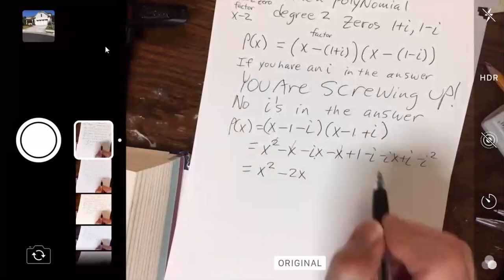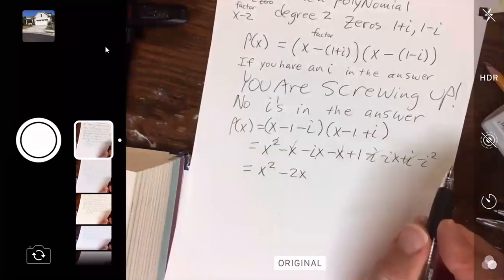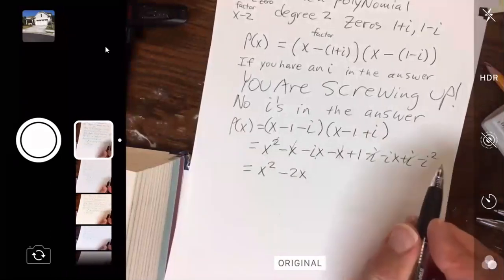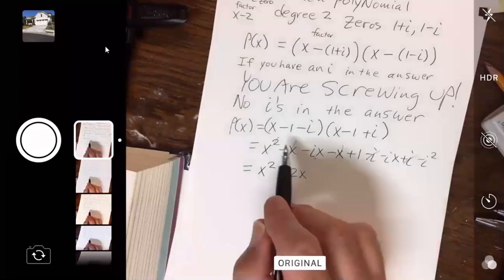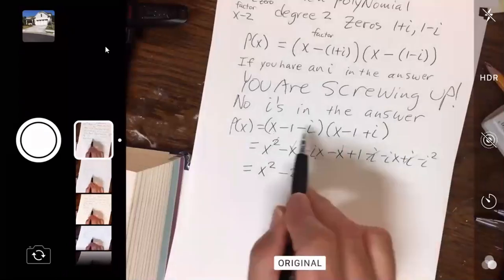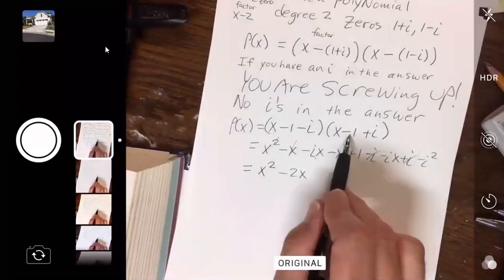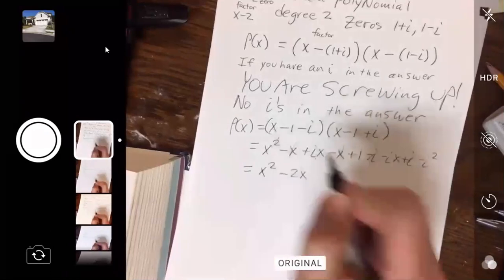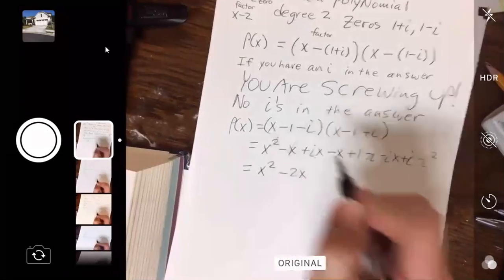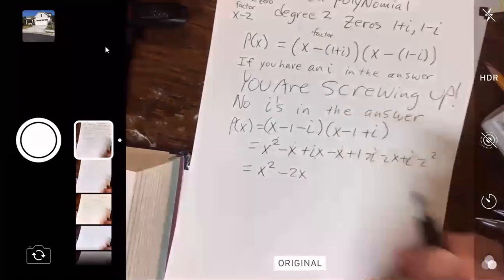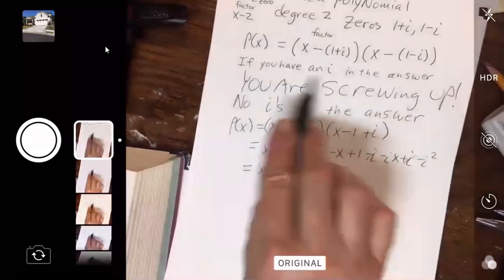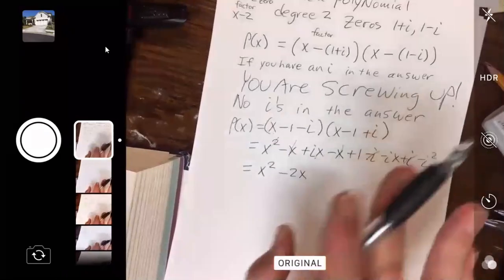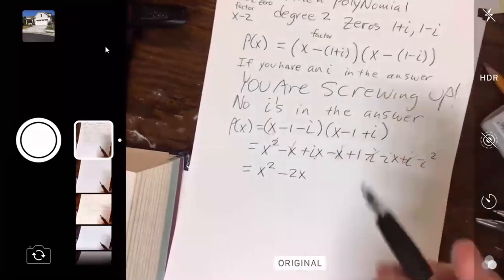My minus i plus i goes away. These should cancel. They're not. Get the same sign, something wrong. x squared minus x. That's a plus ix right there. x times i is a plus ix, my fault. See, that's why you got to really watch this. All the i's will vanish. If they don't, you're screwing it, and I just screwed up.